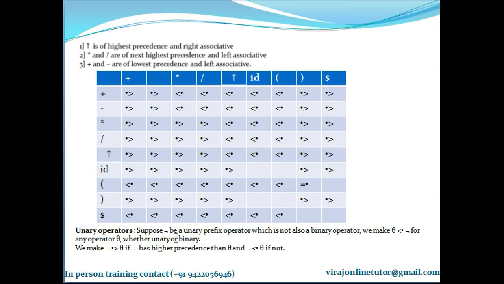Suppose how to handle unary operators using such an algorithm. Suppose you have a unary prefix operator which is not a binary operator. We make all the operators less than the unary operator, and we make the unary operator greater than all the operators, where the unary operator has the highest precedence. If the unary operator has higher precedence than theta, then make the unary operator greater than theta, else make the unary operator less than theta.